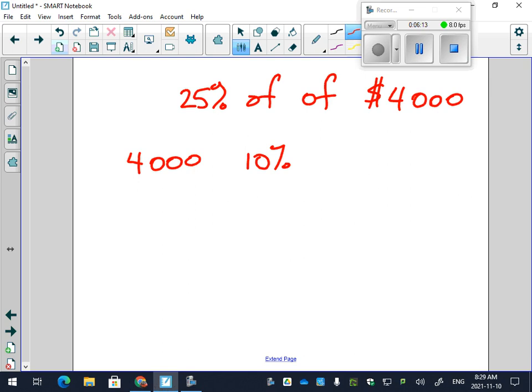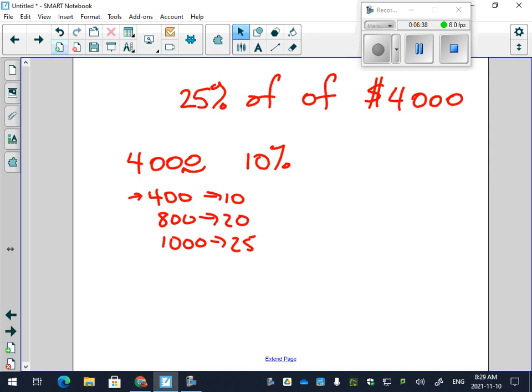So 10% of that, move the decimal over one, that's $400. So $400 is 10%. So 20% would be $800. And if we took half of the 10%, that'd be $200. So it would be $1,000 for 25%. That's just mental math in our head, trying to see if we're going to get close to this answer.